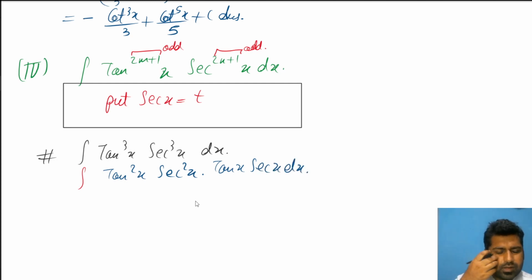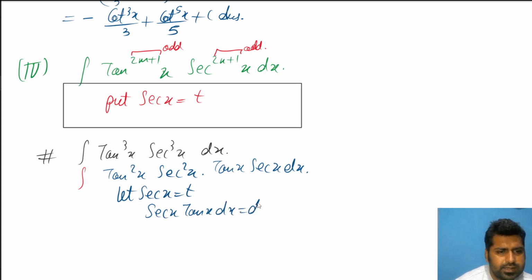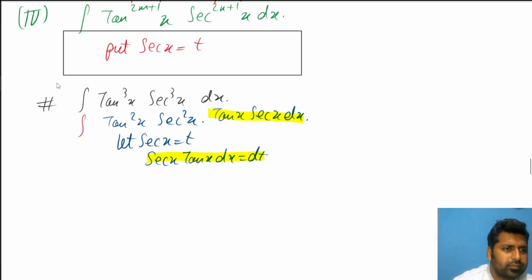Let's see how this is helping this whole thing. First let sec x be t, so sec x tan x dx is dt. That's present here. That's why I was focusing on getting one power of tan and one power of sec separate, because they will be combined with dx and that becomes dt. Now the integration of this part becomes dt.